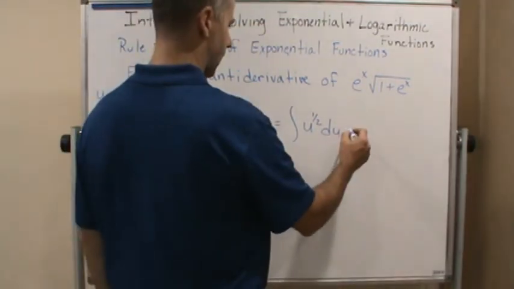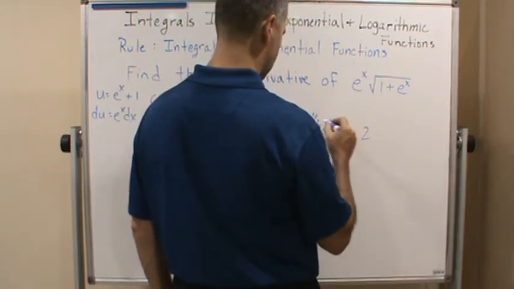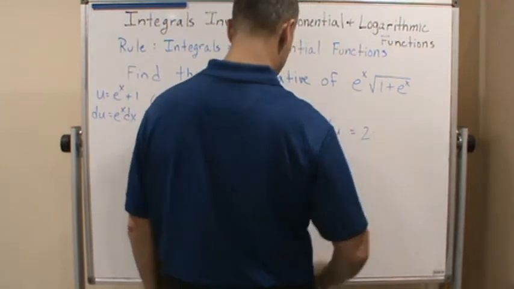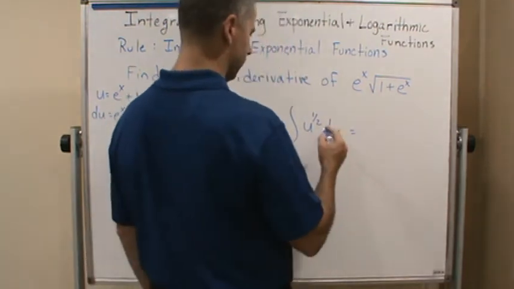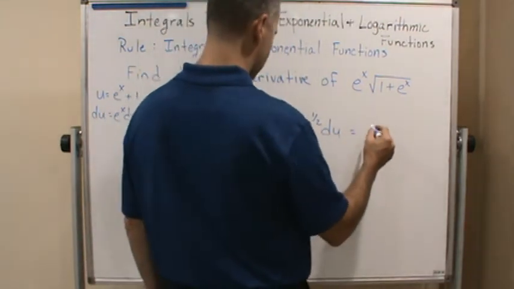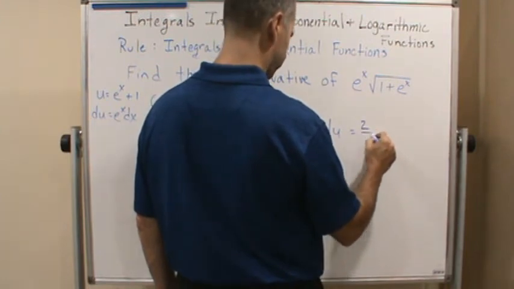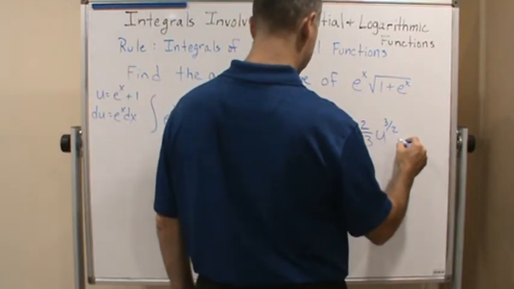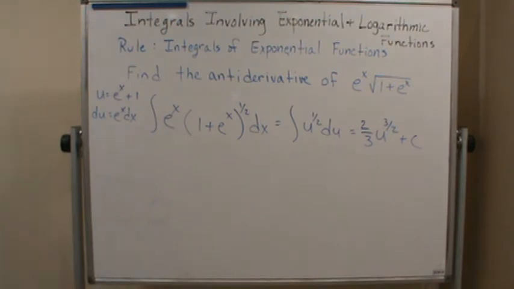So then this just becomes 2... oh, it's not 2. Almost made a mistake. So this is going to be that, just using the power rule.